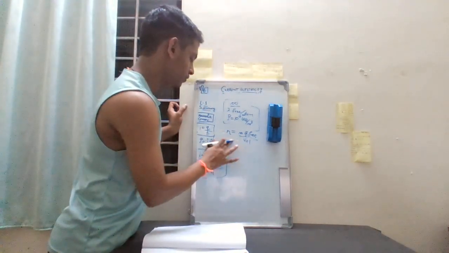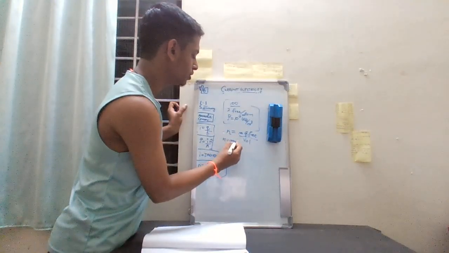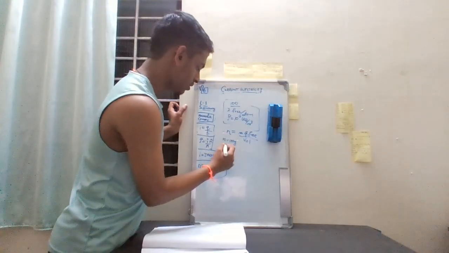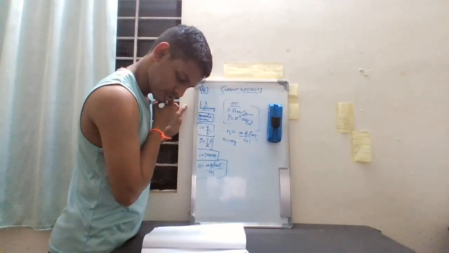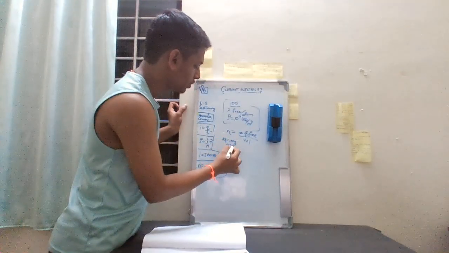First of all, we know that the molar mass here is 100 grams per mole, so capital M equals 100 grams, or 0.1 kg.